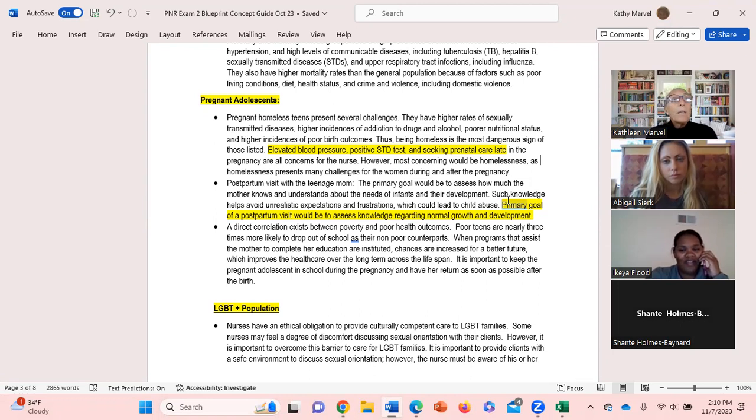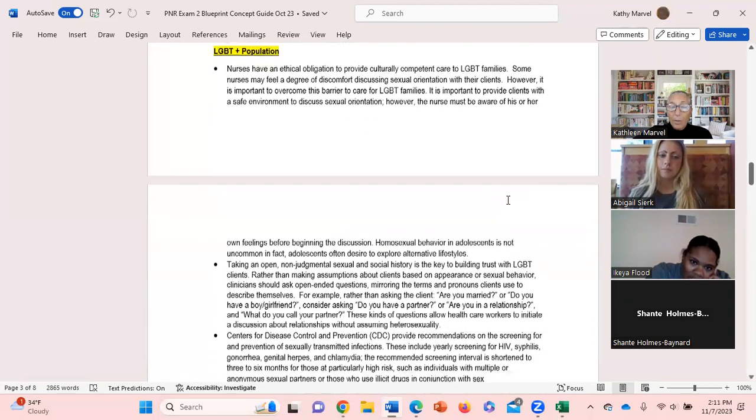What's the most important thing to do working with pregnant teens? To get them back to school as soon as possible. Getting them back to school. All right, it's important to keep the pregnant adolescent in school during the pregnancy and have her return to school as soon as possible after. Okay, so you're taking each bullet, what information is provided in the bullet, and think of a clinically posed question. Okay, make sense?